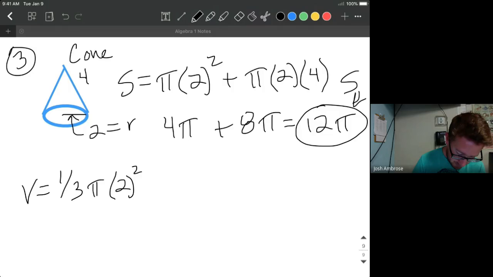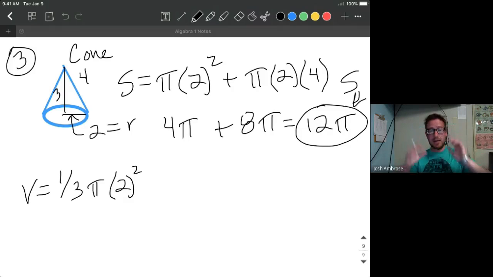So let's go with a height of, we'll say 3. Okay, so let's add that in there because we do have to have a height. And then let's plug that into the equation.